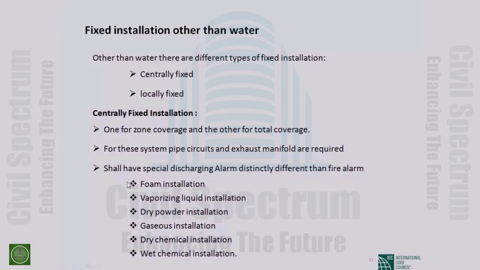Then you have your pressurizing system, you have your piping circuit system, so you have your alarm system. So in the event of fire, the alarm will first give you this alarm so that all people will go outside the system. After that, the system will operate.